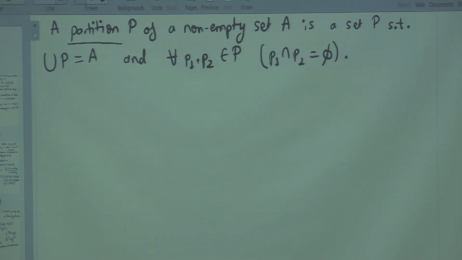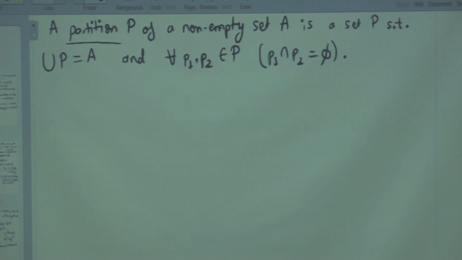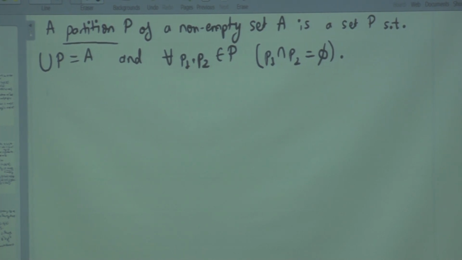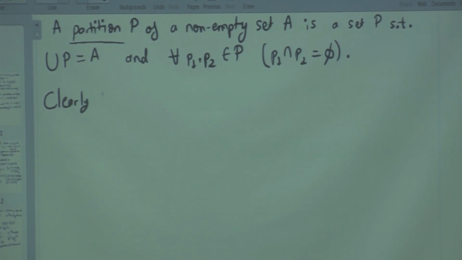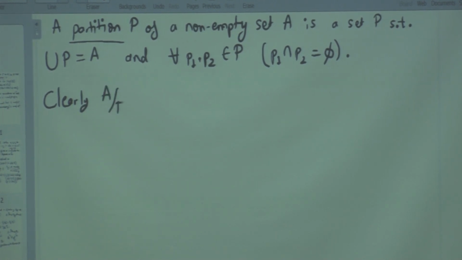This means that every element of A lies in exactly one element of P. That's a partition. So clearly, A mod E is a partition of A.